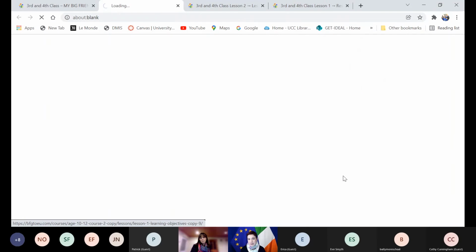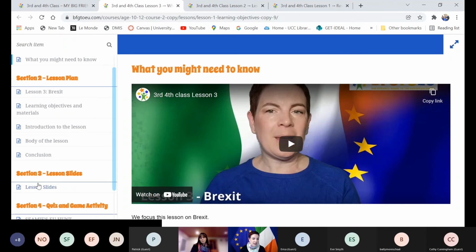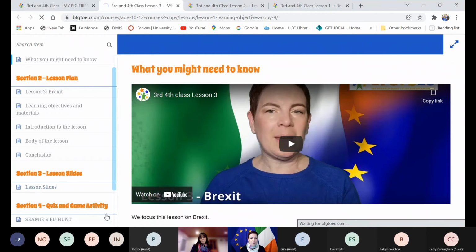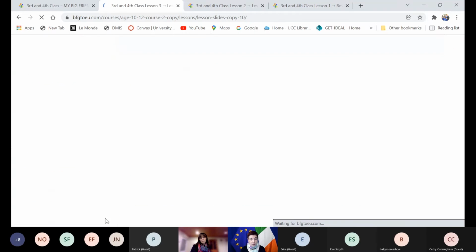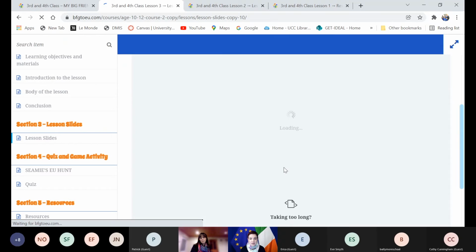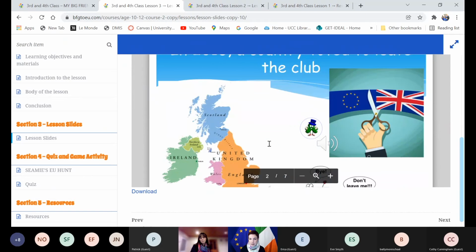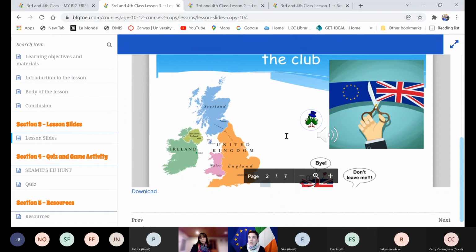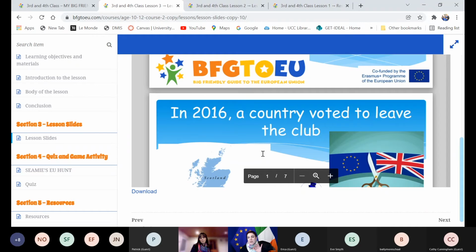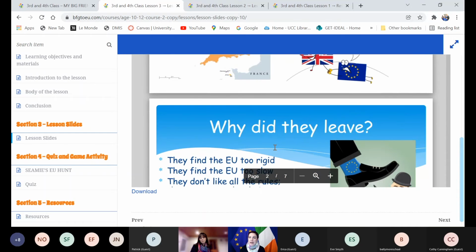Lesson 3 will be entirely on Brexit, and Brexit has been, as you know, quite conflictual, and is still in the process, particularly with the Northern Ireland protocol. So we start simple, about when they voted to leave the club.